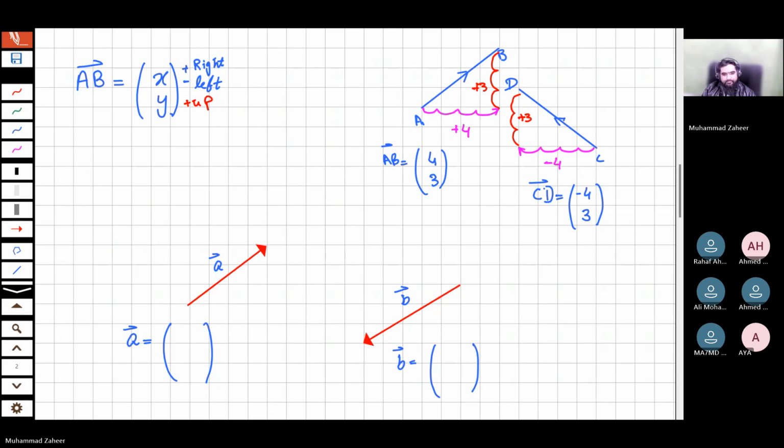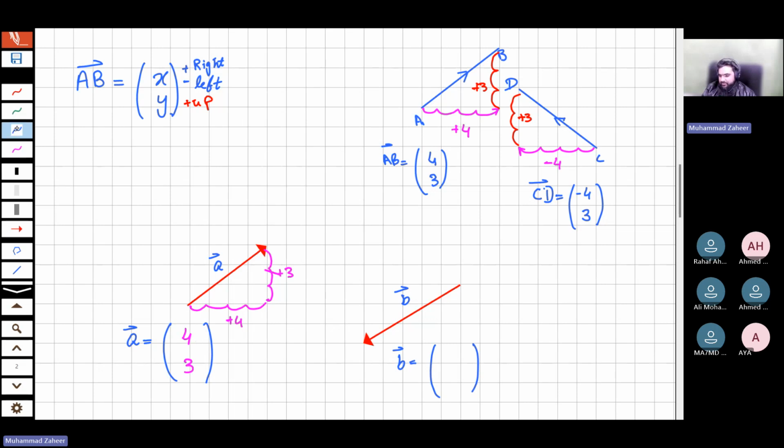Yes, 4 and 3, positive 4 and positive 3. Yes. For A, 1, 2, 3, 4. Is it positive 4? 1, 2, 3, so it will be positive 3. So X value is positive 4 and Y value is positive 3.